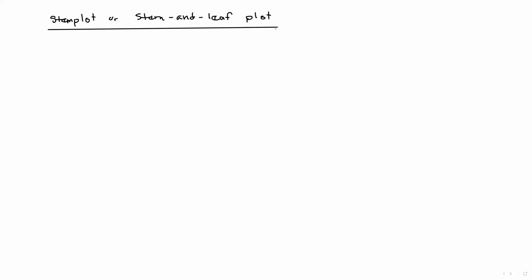So it's called a stem plot, or stem and leaf plot. Okay, so I'll just show you with an example how to construct a stem plot or stem and leaf plot.